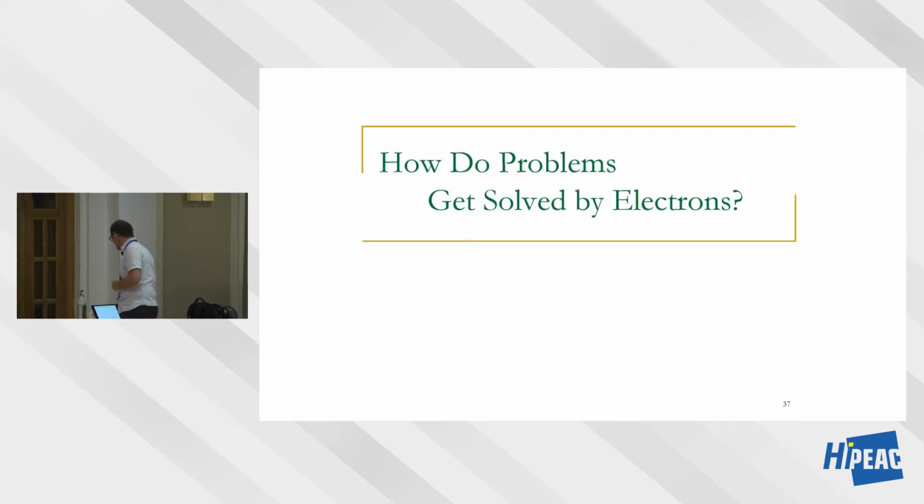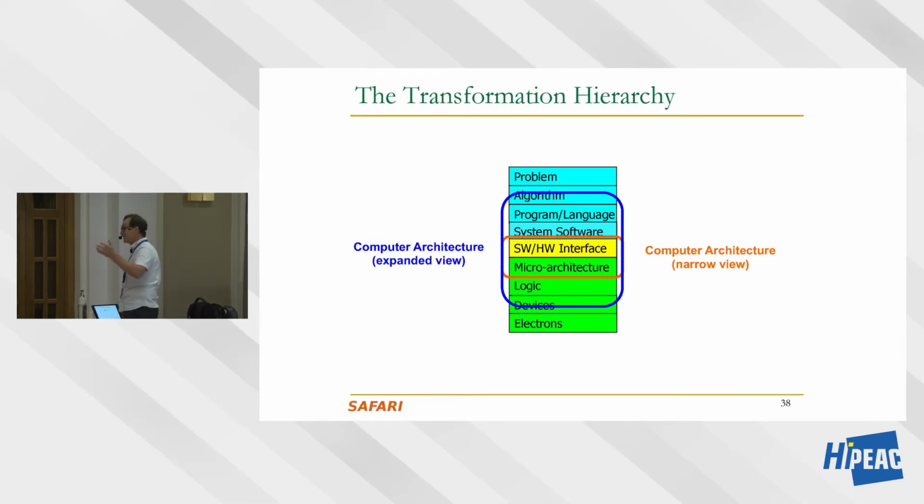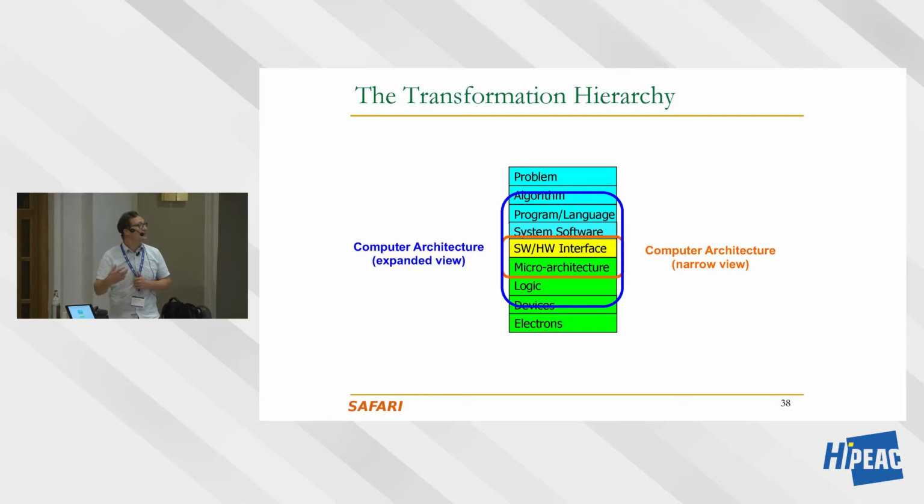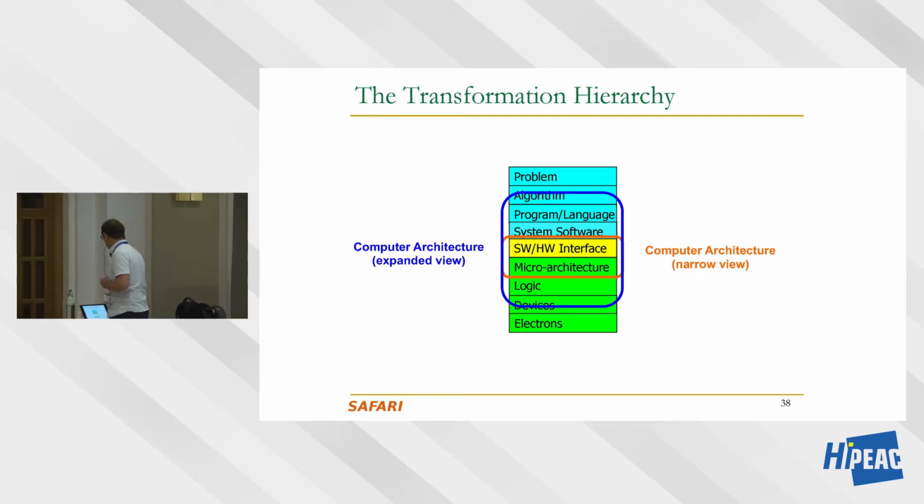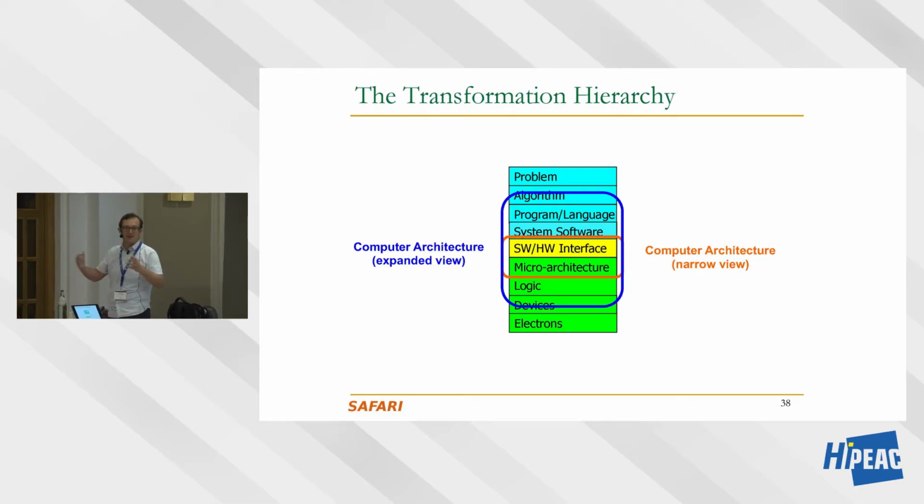So what we do is we come up with a transformation hierarchy that starts with some problem that we want to solve. It could be some machine learning. It could be some, I don't know, search for some information, right? And then we need to bridge the gap, because we cannot just speak electron language. To bridge the gap, we specify the problem in terms of an algorithm, and then express it in languages, and then execute it on some system software and hardware combination, and communicate those instructions in the program using an instruction set architecture or software-hardware interface.